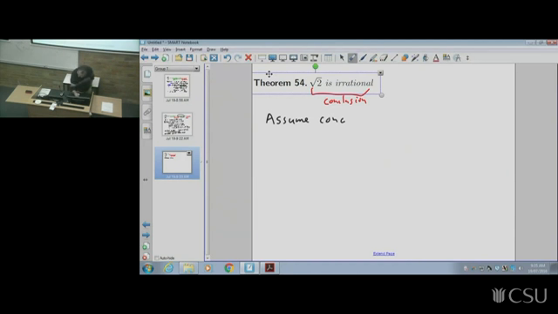I'll write it down exactly how I'd normally write it. What's the conclusion in this case? Root 2 is irrational. What does it mean for that to be false? That it is rational. So we're assuming that root 2 is rational.